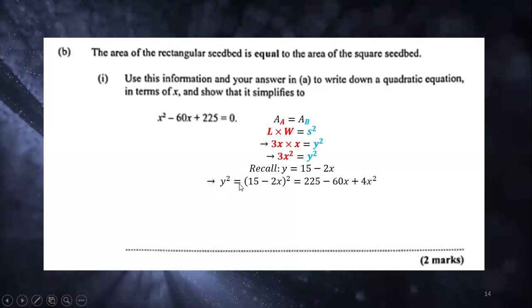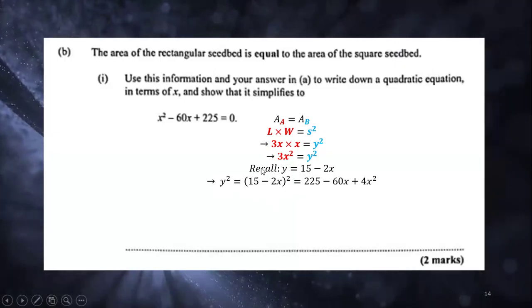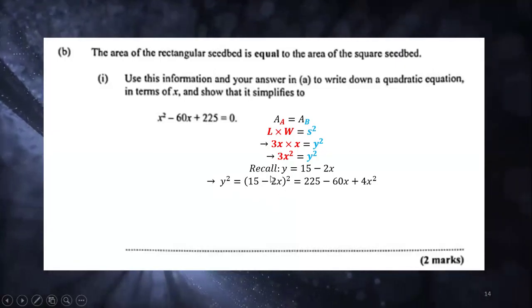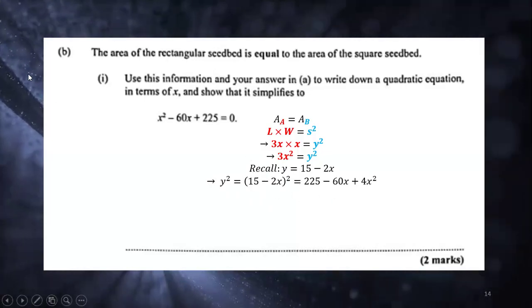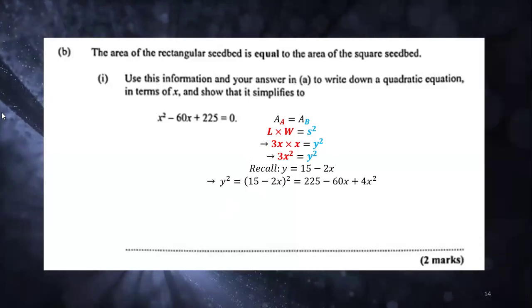So y squared is the same as saying 15 take away 2x all squared. When we square this, we're going to get this result. And how do we square 15 minus 2x? It's simply putting them into brackets and squaring it in this manner.